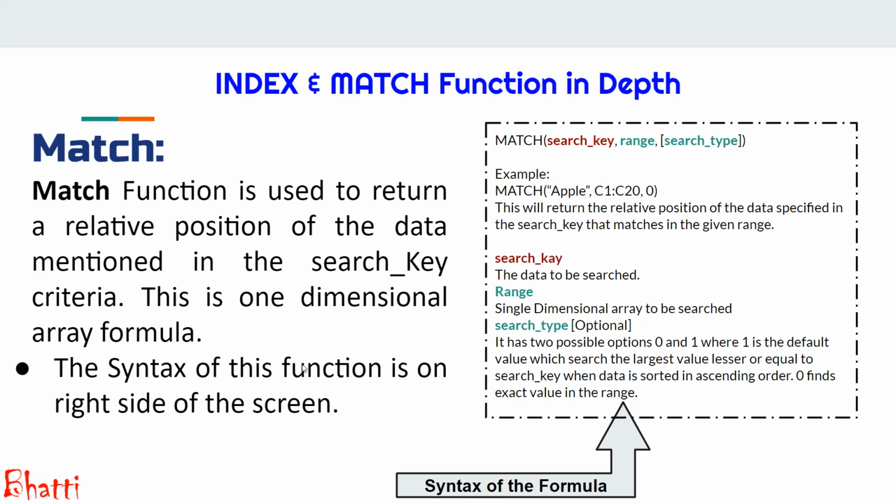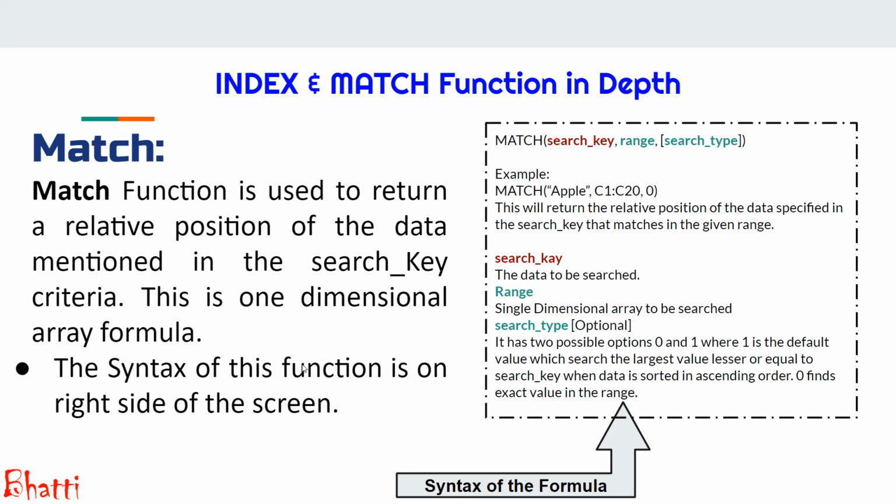What is 0? I will tell you, but here the function will go to the data. Wherever apple matches, it gives me the reference like 1, 2, 3, 4, 5, whatever. Wherever the location is, it will give me the location of that particular text or the number or whatever the search key is.